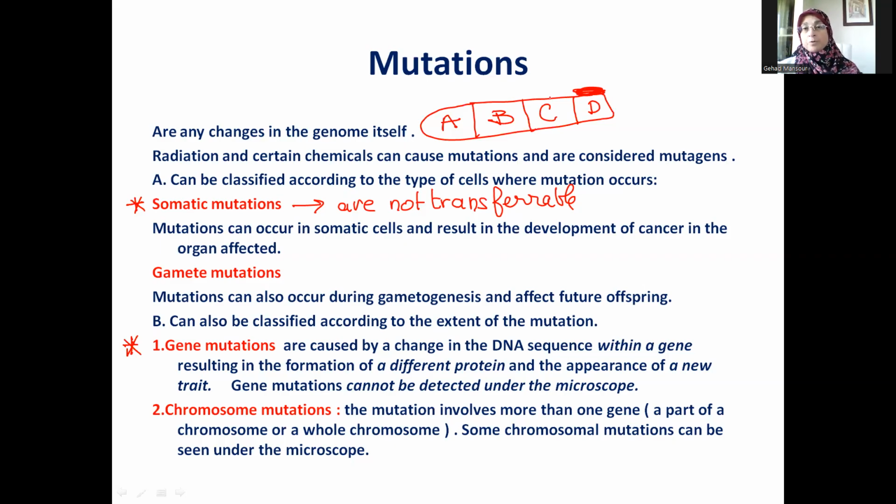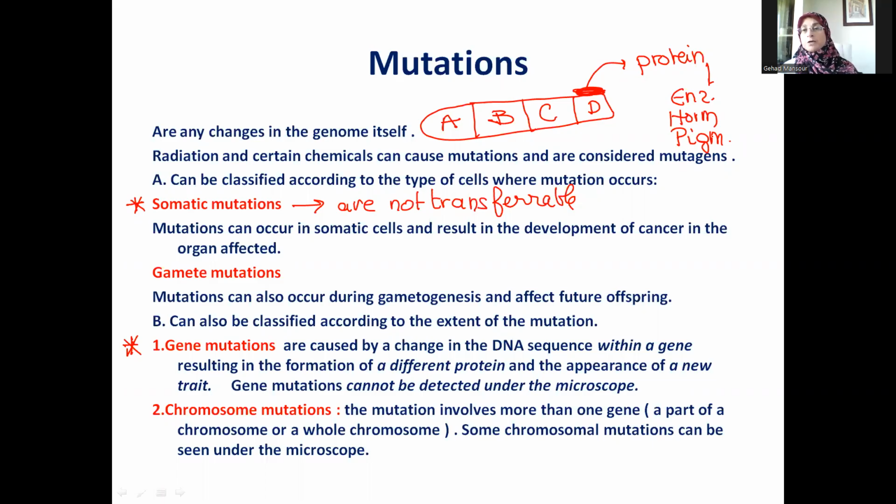Of course, as you know, when the gene is mutated, then you will have a different protein, and this protein might be an enzyme, a hormone, or a pigment, in which cases it would affect, of course, the phenotype of the individual.